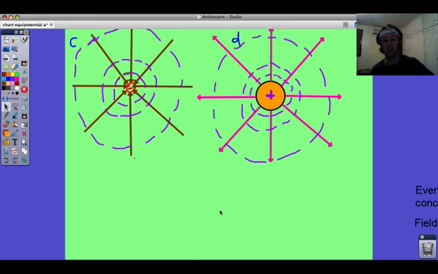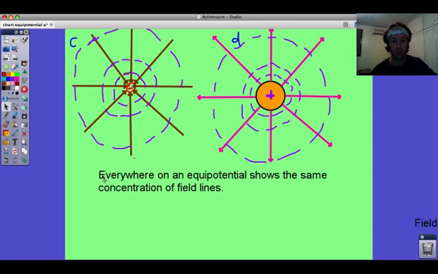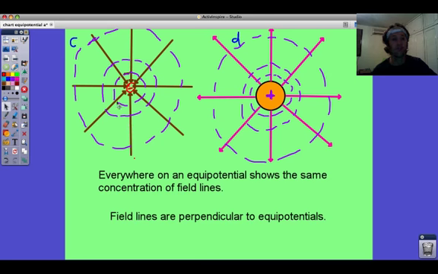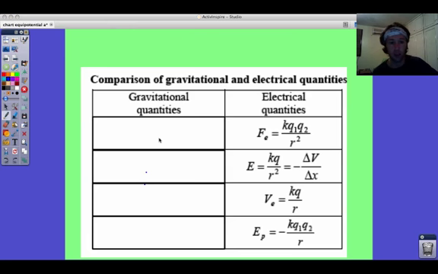Now, a couple important things you should remember: wherever you go on this equipotential line, the concentration of the field lines is the same. The other thing you need to know is that these equipotentials are always perpendicular to your field lines. Always, always, always.